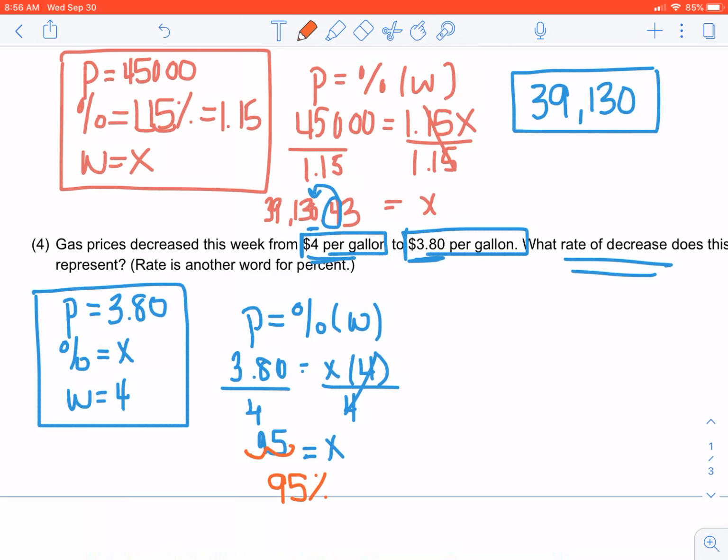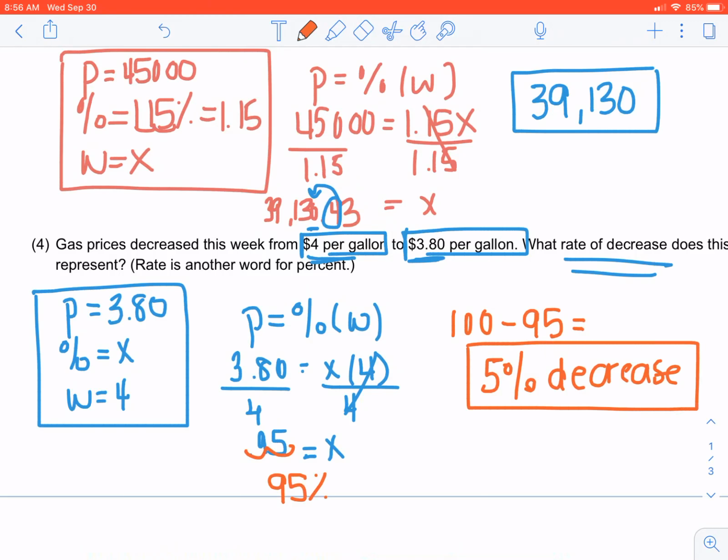Still not my answer. Okay, this is a decrease, so you're going to notice that this percentage is below 100. So I'm going to take 100 first and subtract 95, which means that it went down 5%. So it's a 5% decrease. Remember, it always starts at 100, and since it's at 95% now, that means it went down 5%.